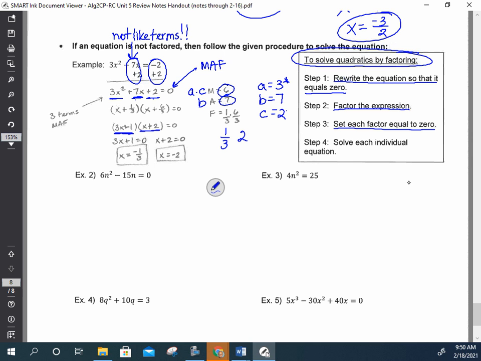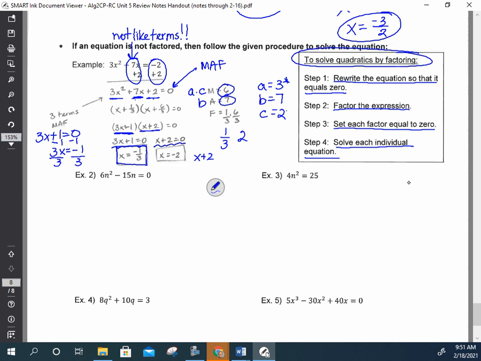Step 3, set each factor equal to 0. 3x plus 1 equals 0, x plus 2 equals 0. And then step 4, solve each individual equation. For 3x plus 1 equals 0, we would subtract 1 and then divide by 3. So x equals -1/3.